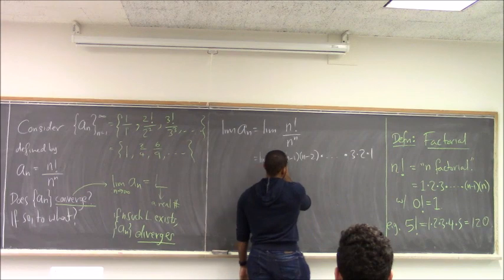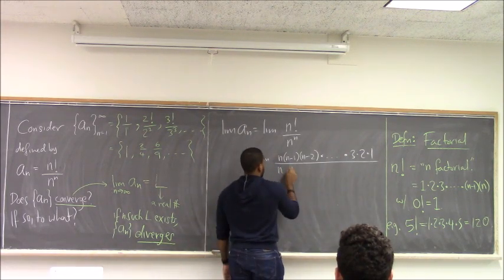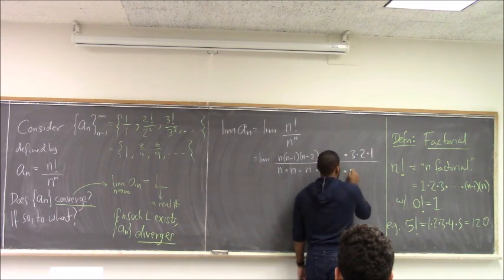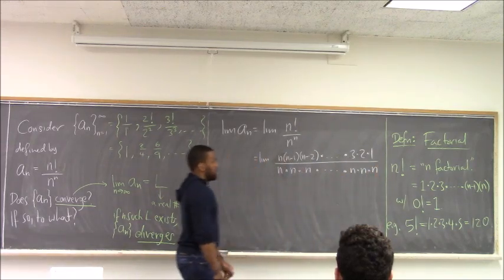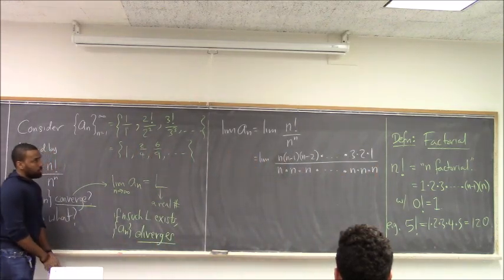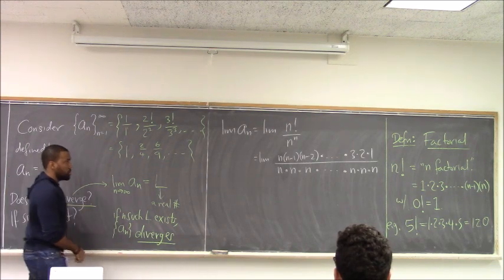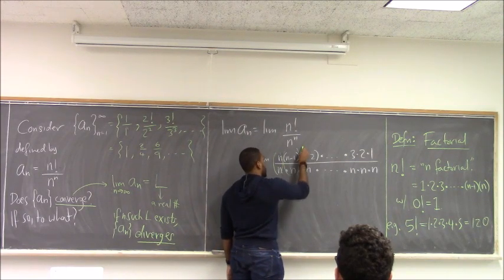Okay, so that's what the top looks like. And the bottom is just n times n times n times, all the way down to n times n times n. Now, we saw that limits actually distribute across products. So, we can actually think of this like that.